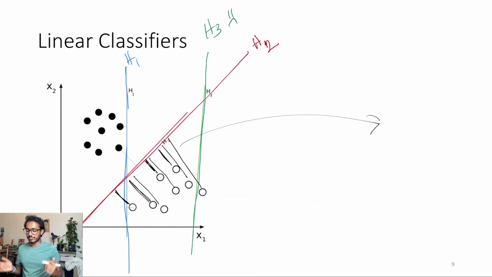And of course, if all of these are at a similar distance from our trend line, that is a better model. So that's how we know that H2 is the better model.